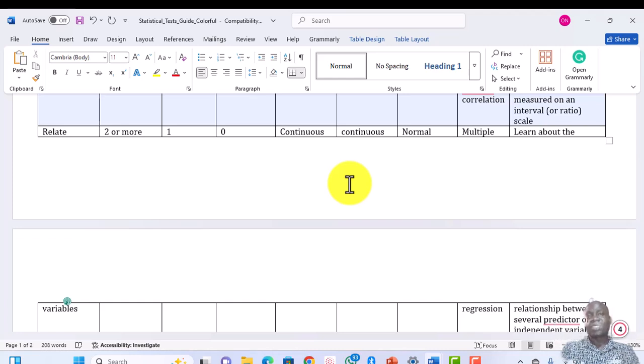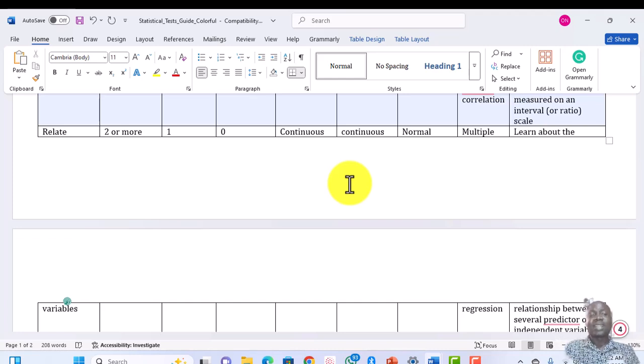Let's assume that we want to check 6 factors of students. Let's say gender, age, parental involvement, parental income, distance from school, and another factor. And we want to check whether these factors actually influence their achievement in school.